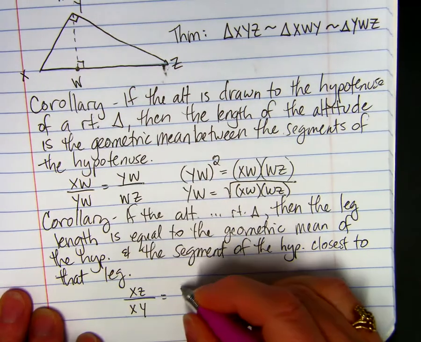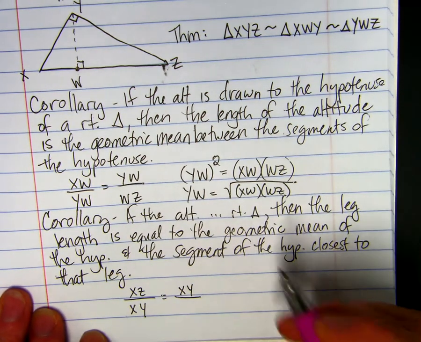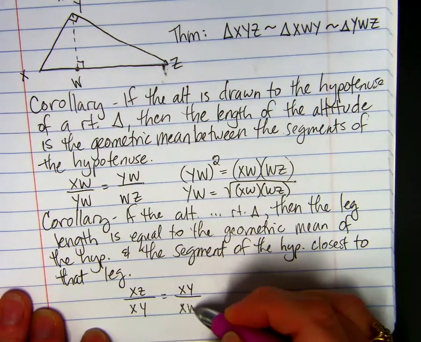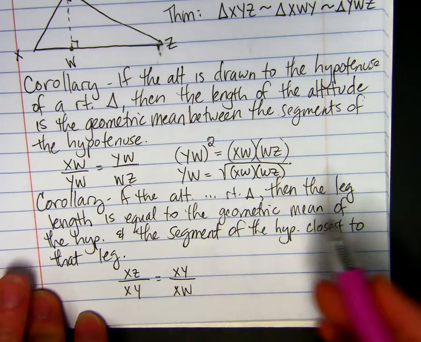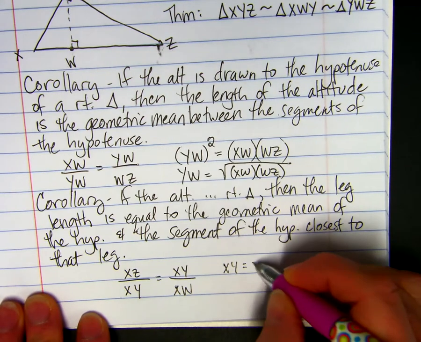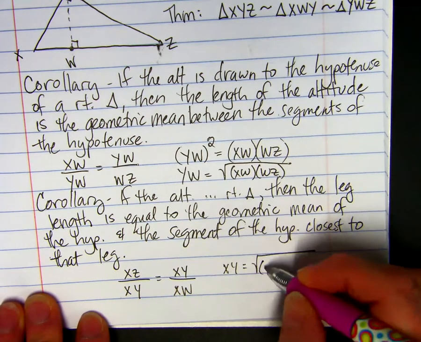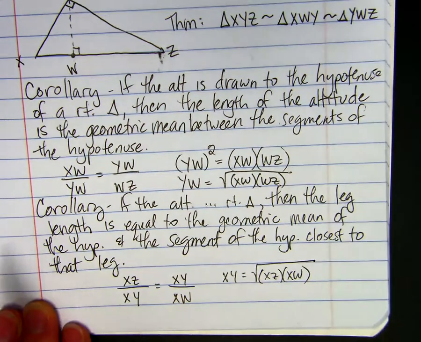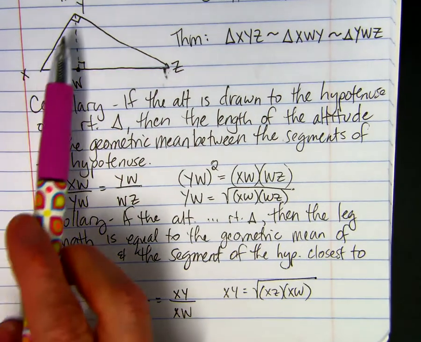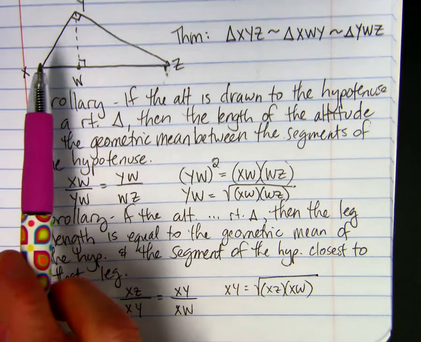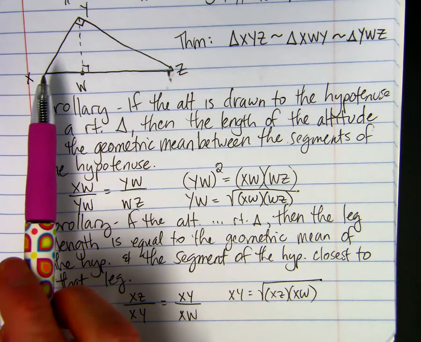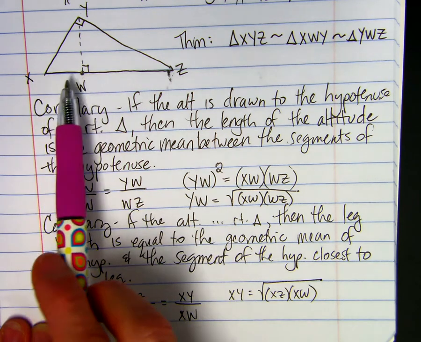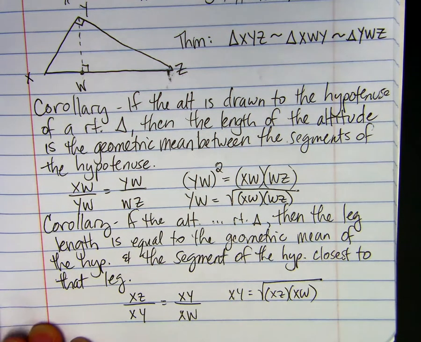So we're going to do XY to the shorter leg, which is XW. And can you see now that XY will equal the square root of those two multiplied together? So this leg right here of the great big triangle is equal to the geometric mean of the entire hypotenuse and the part of the hypotenuse that's closest to that leg.